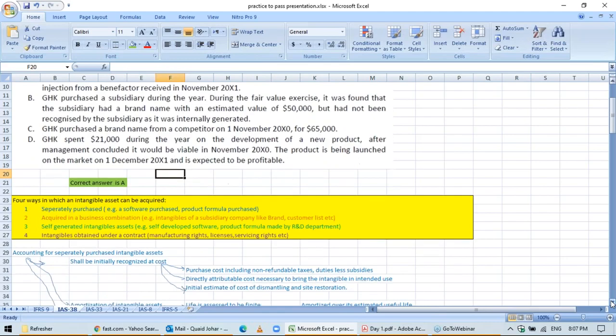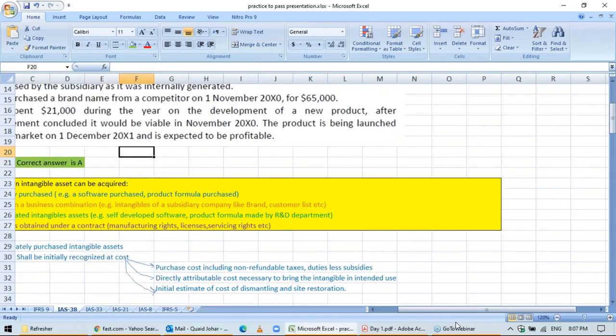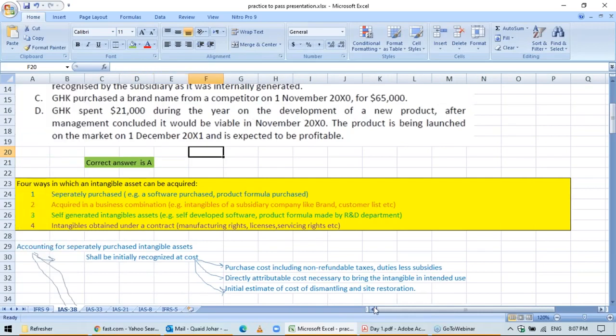Okay, students, please go through this yellow box. Let me enlarge the font size so that you can see it clearly. There are 4 ways in which you can obtain an intangible asset. This yellow block covers the 4 ways in which you can acquire an intangible asset.